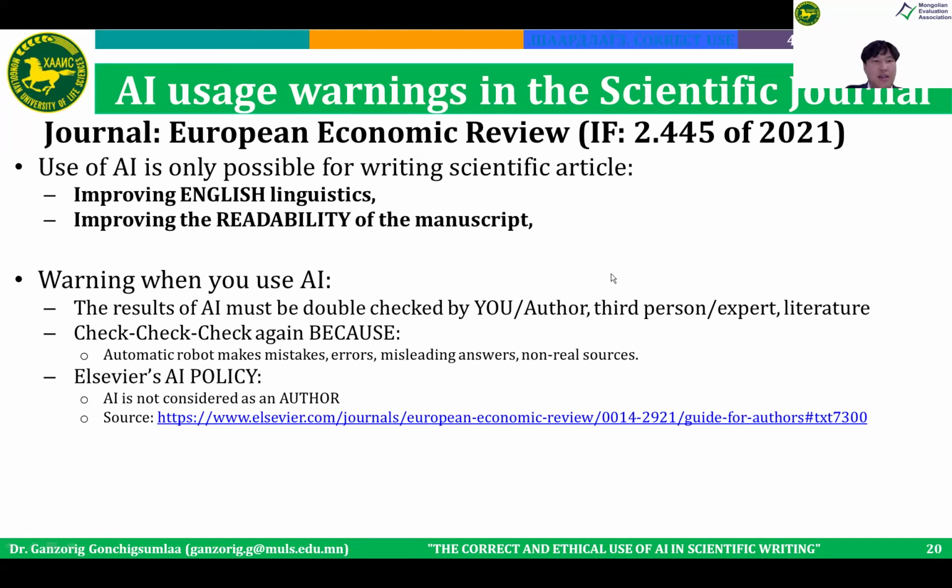Another rule of thumb is to check again, because automatic robots make mistakes, errors, misleading answers, and non-real sources. There is also a serious AI policy that AI is not considered an author, because AI is a robot. You can't say that the author is AI.